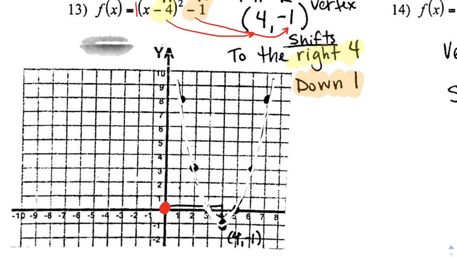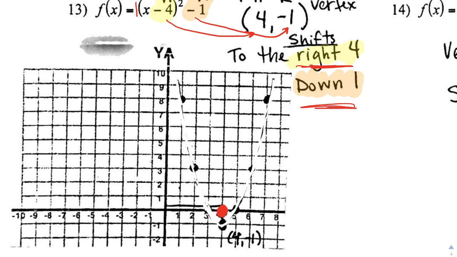And so I'm just going to take my dot here, and using the H value, it says shift the graph to the right 4. 1, 2, 3, 4. And then I'm going to pause, and then it says shift it down. So I'm just looking right over here to the right 4 and then down by 1.